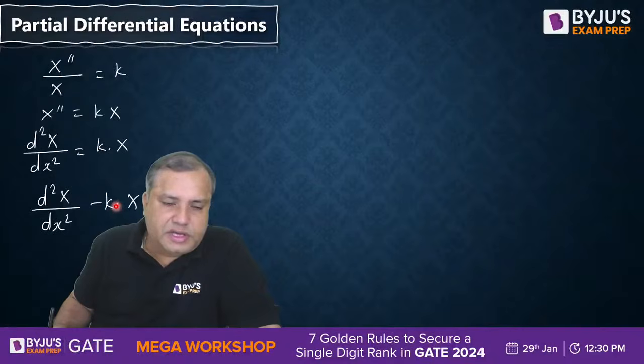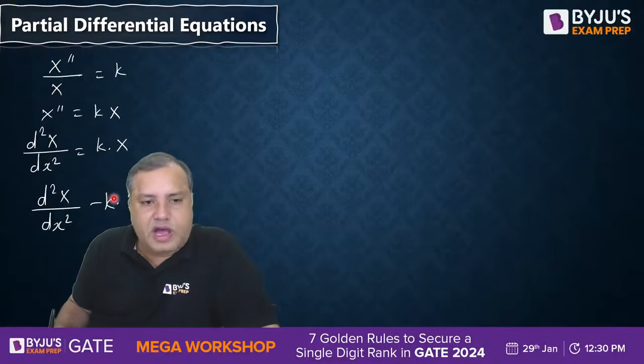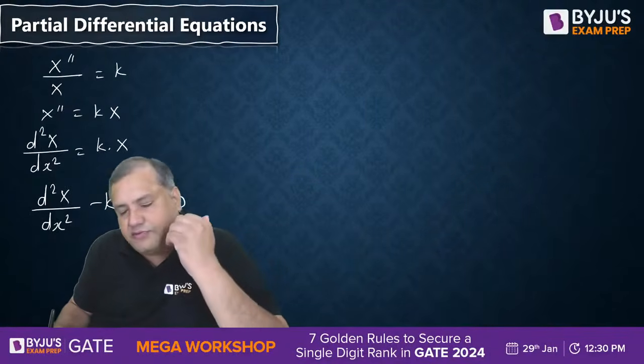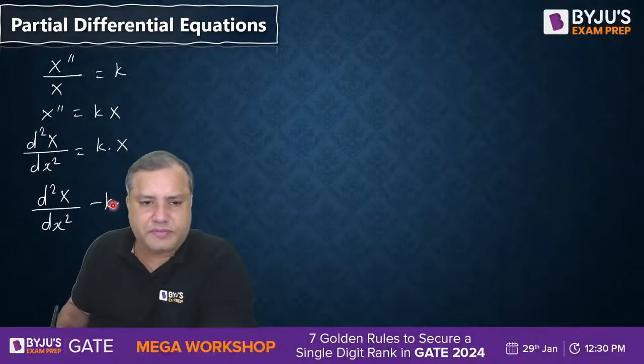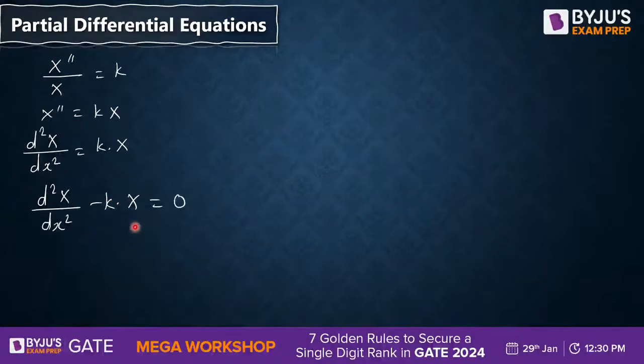See, here k can be, for simplification I am assuming this k to be second degree variable. Just a moment. I am just assuming k equal to, k equal to what?